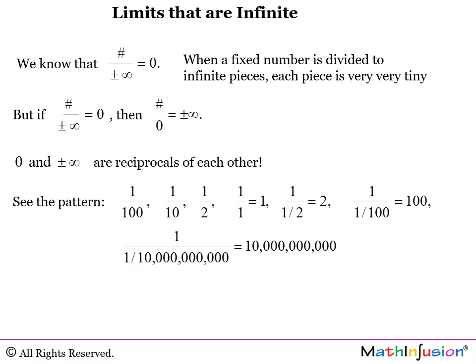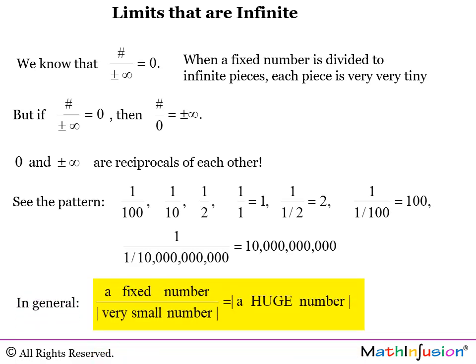I'm going to get a huge number. In general, if you have a fixed number and you divide by a very, very small number, and I don't care if this is a positive number or a negative number, then I get, in absolute value, a huge number, which means plus or minus infinity.